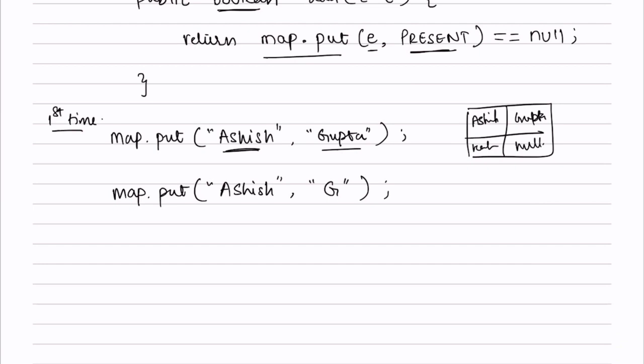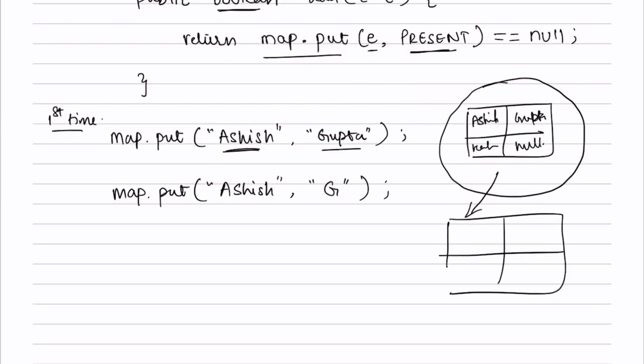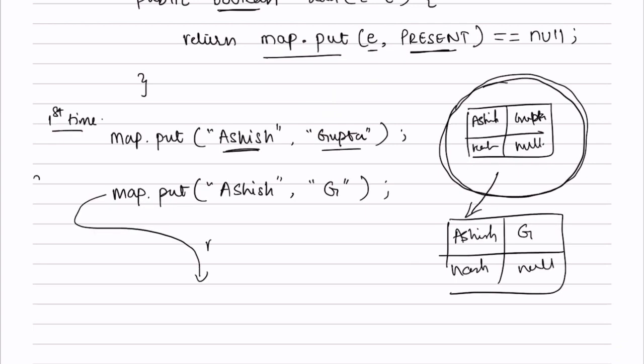So in the map, it will replace this particular node with this one, Ashish and G, whatever hash and null. That's it. It will replace this node. Okay, and it will return a value when you are adding the second time.